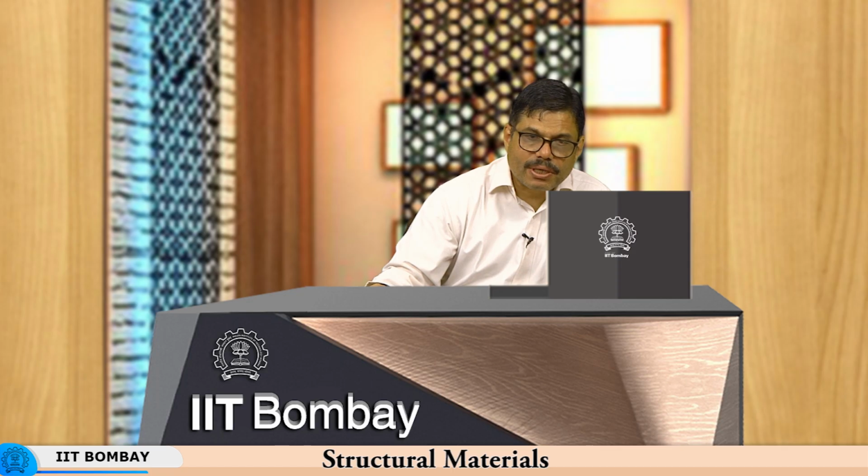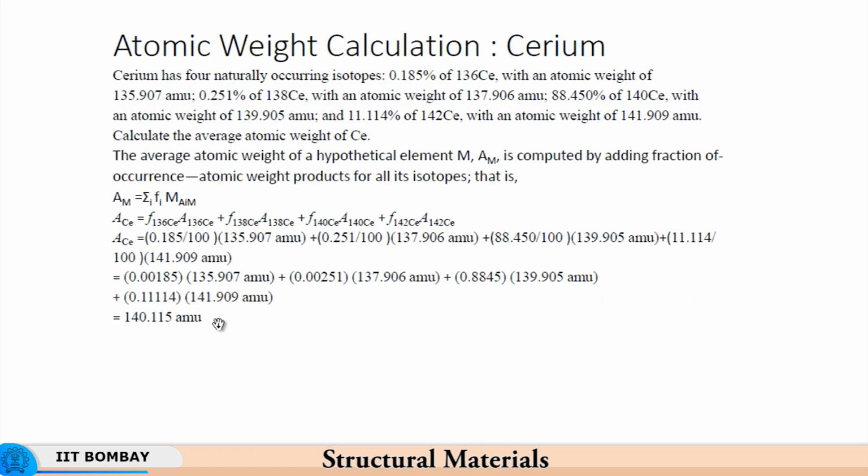So we have the weighting factor, which is the percentage of that particular isotope, and the atomic weight of that isotope. For all 4 we add them together linearly, and then we get the single average atomic weight of 140.115. So when we quote an atomic weight for a number of elements, it is an average atomic weight considering different isotopes.